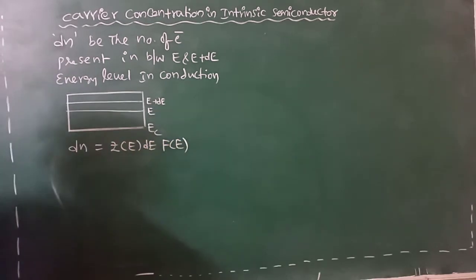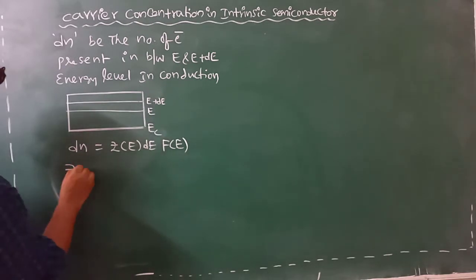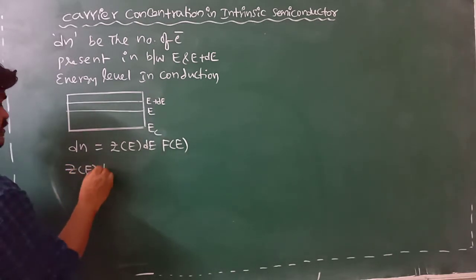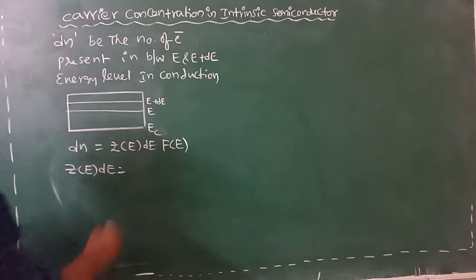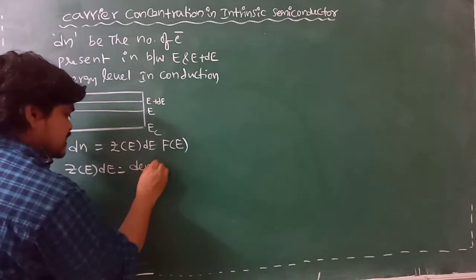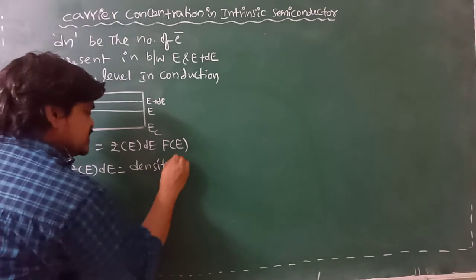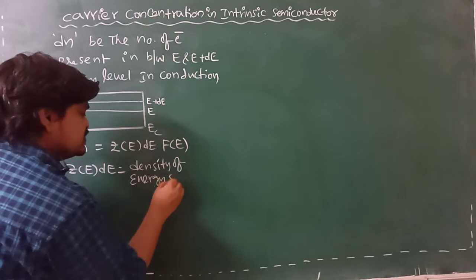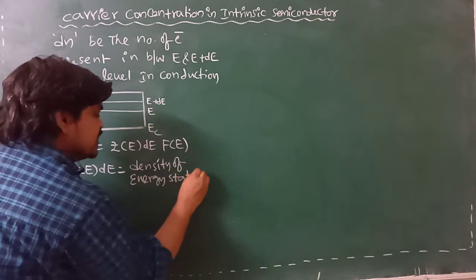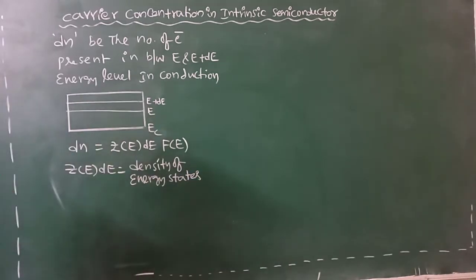Here Z(E) dE represents the density of energy states, meaning the number of energy levels per unit volume in the conduction band.